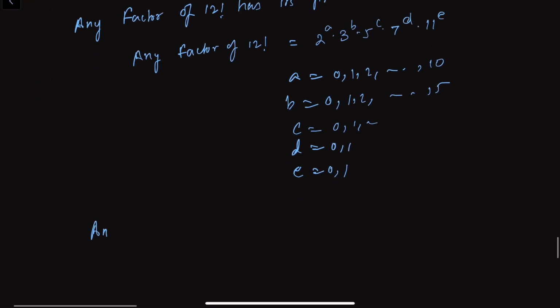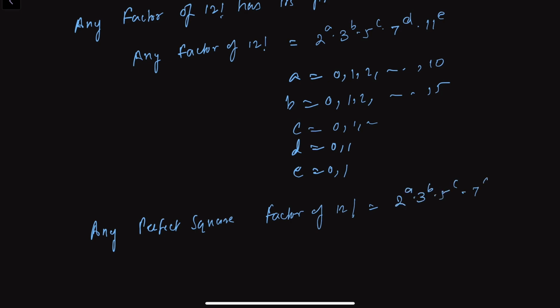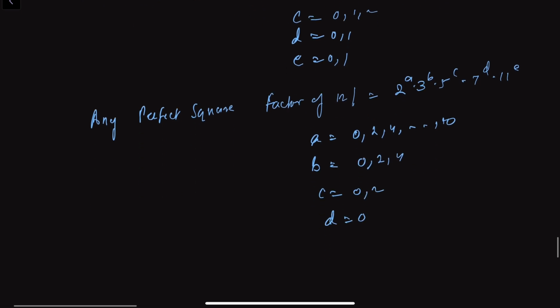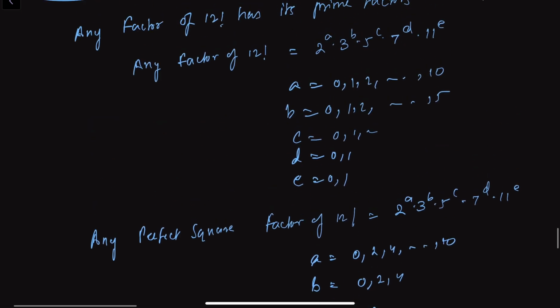In the same way, any perfect square factor of 12 factorial will be of the form 2 to the power a, 3 to the power b, 5 to the power c, 7 to the power d, 11 to the power e, where a can take only even values: 0, 2, 4 and so on till 10. b can take 0, 2, 4. c can take 0 and 2. d can take only 0. e can take only 0.